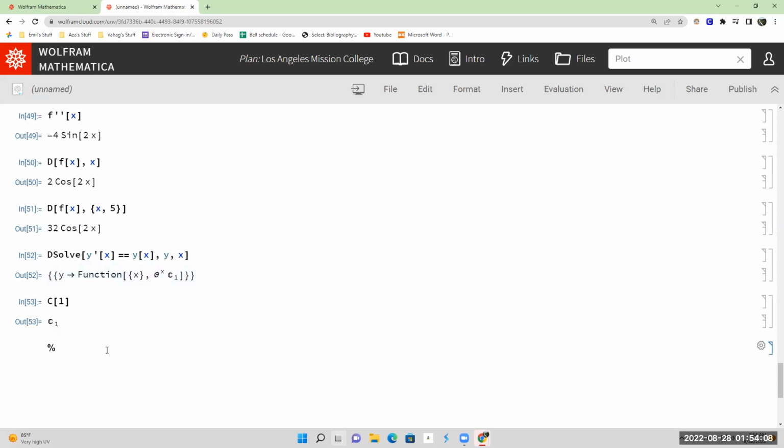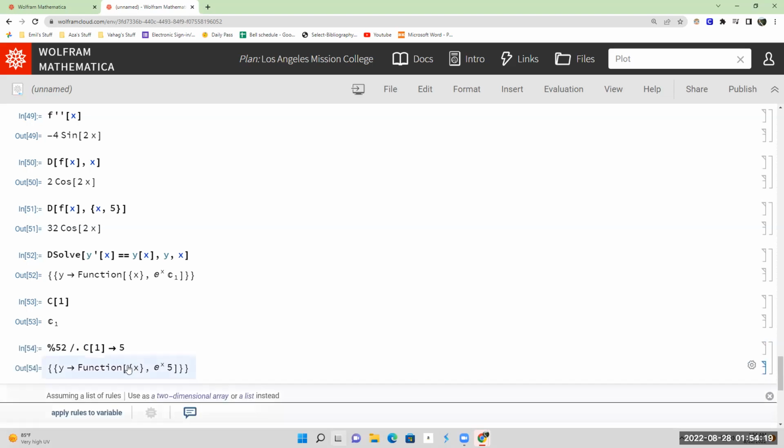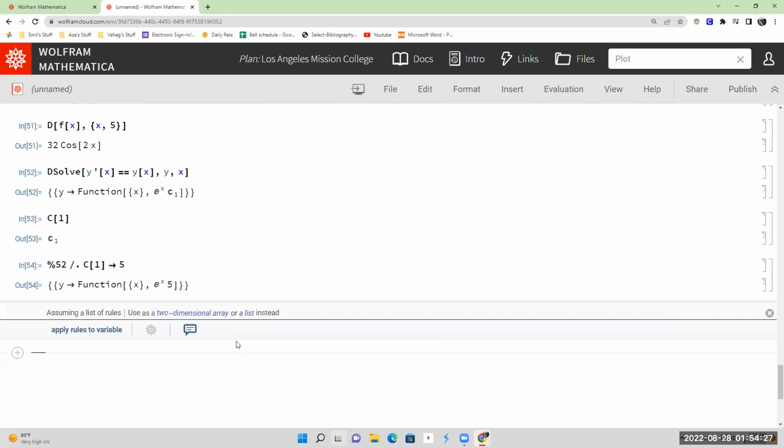We just take the previous output and we say, okay, we want to plug in for C1, we want that to be, let's say, 5. And so now what happens is this function becomes 5 times e to the x. So this again is a function which technically we can use by evaluating it. Okay, but we already know what that is as well, because it's just 5 times e to the x.